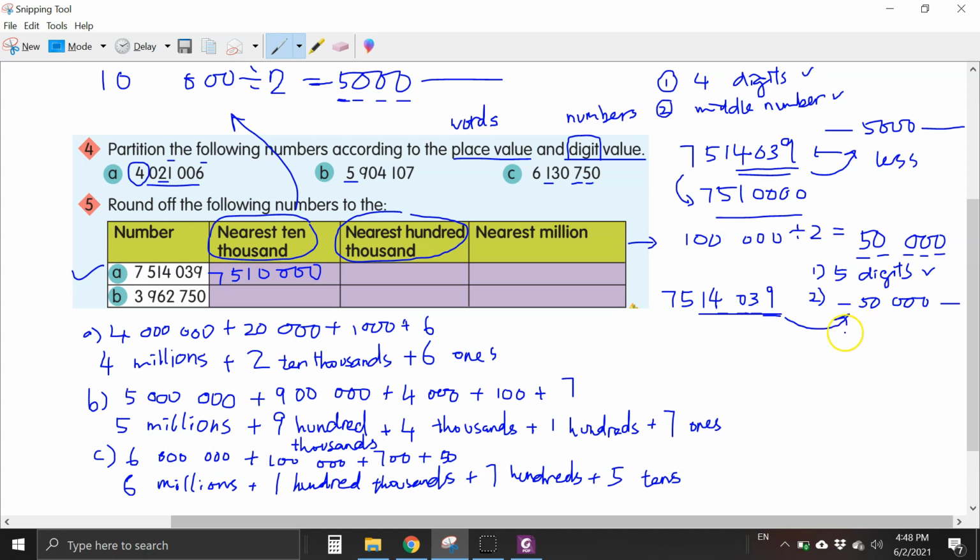The answer is less. 14,000 ni lebih kurang daripada 50,000. So when it's lebih kurang, you just copy the first 2 numbers, and then all the other 5 digits you just change to 0. So the answer is 7,500,000.